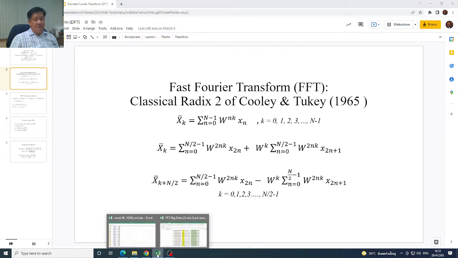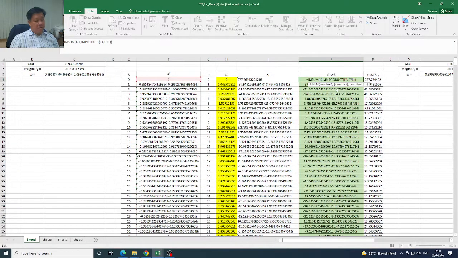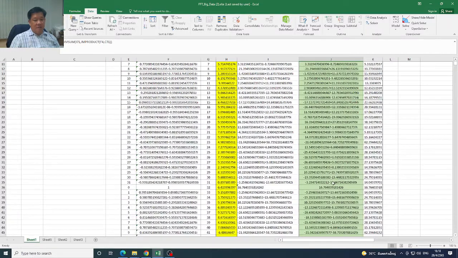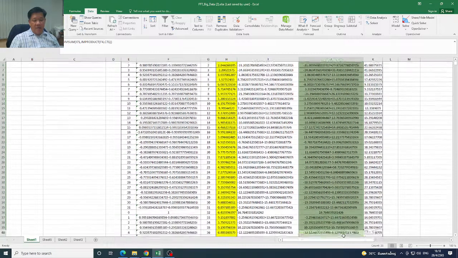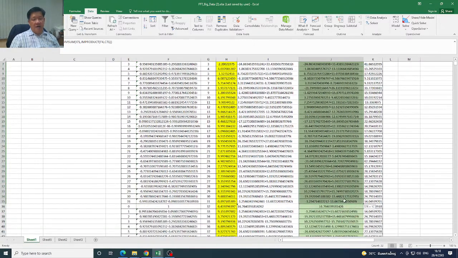The nice thing is, once you are able to do this, you can make a copy until you finish this K. Once you get the results here, you make a copy until you reach the half of the series. That's the result.